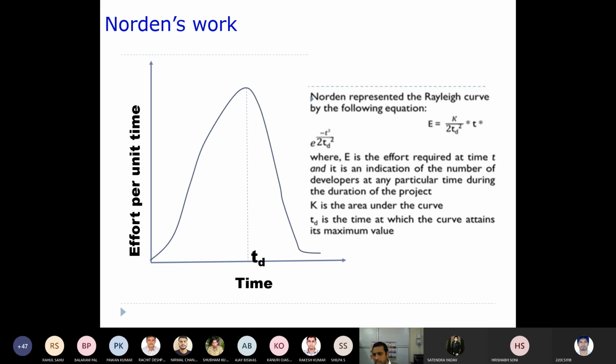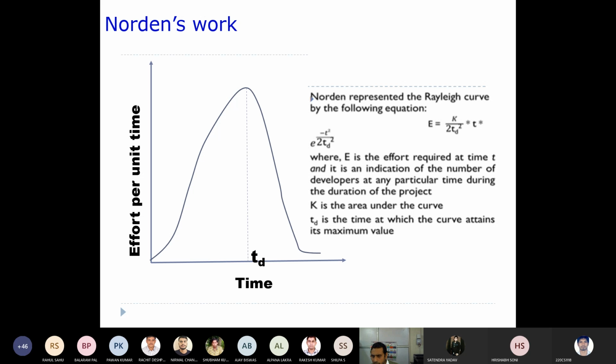Now, this effort is approximated by the Rayleigh curve, and the expression is E = K/(2 td²) multiplied by t, multiplied by e to the power of minus t² by 2 td². This is the expression derived by Norden, where E is the effort required at any point of time.